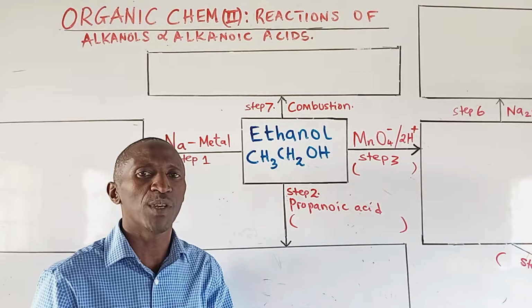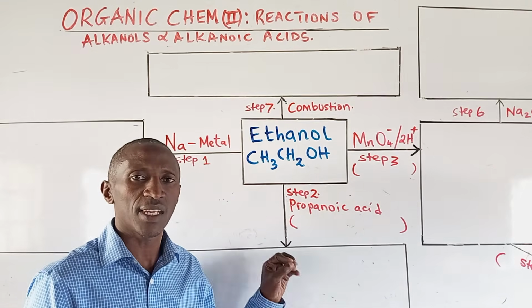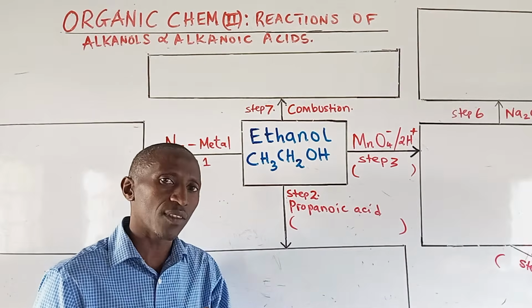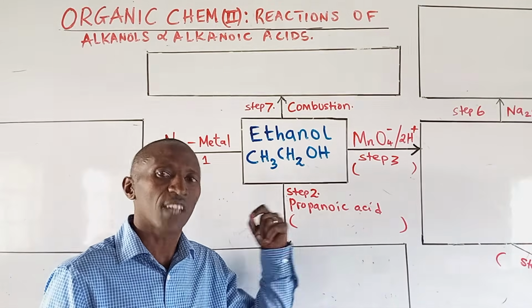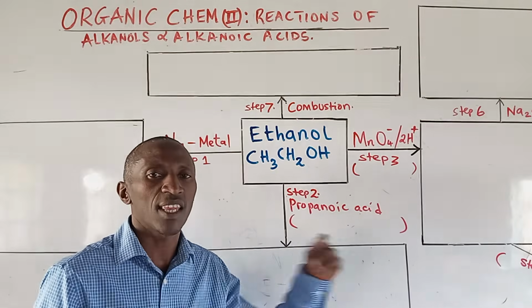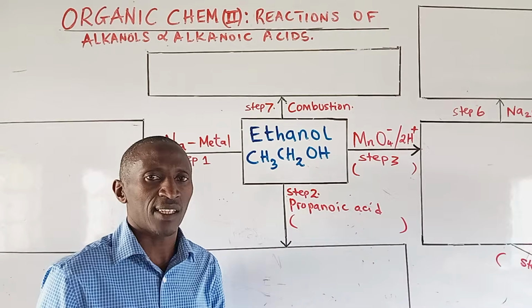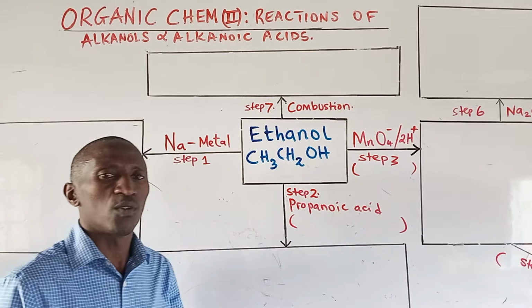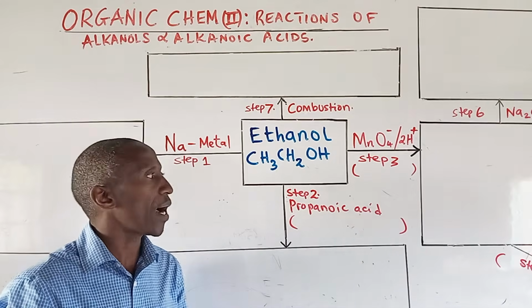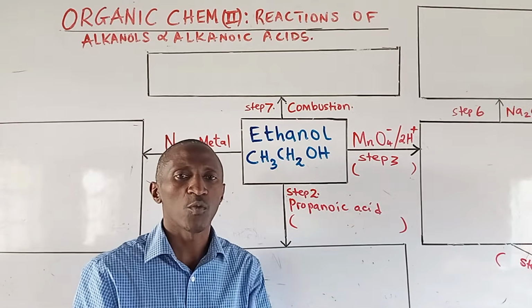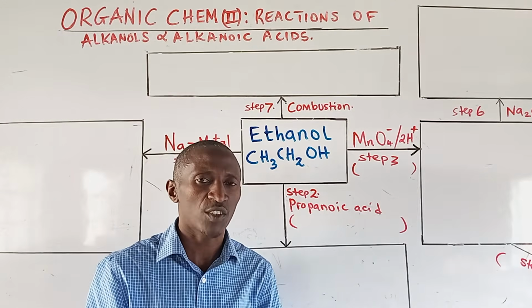What we will be doing, we shall write the equation that occurs in every case together with the products, and we possibly name the type of reaction and the products that are formed in every reaction. Let's get started. I would like you to note or draw down this kind of flow chart, and at the end of our lesson, we shall be able to have questions in our live section.